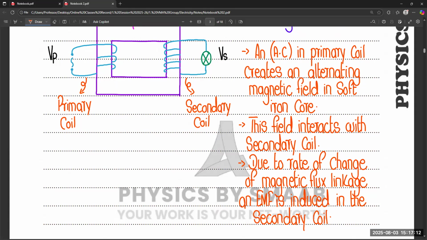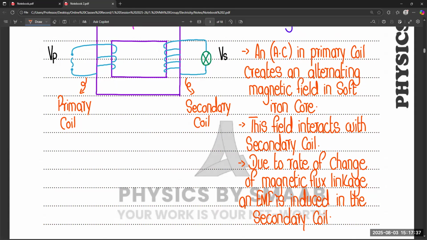So we have to store that electrical energy, and then we transfer that electrical energy from the main power plant to the normal city, town, home, office, etc. So to transfer that electrical energy from one point to another point, definitely we use some sort of device. So that device is the transformer.